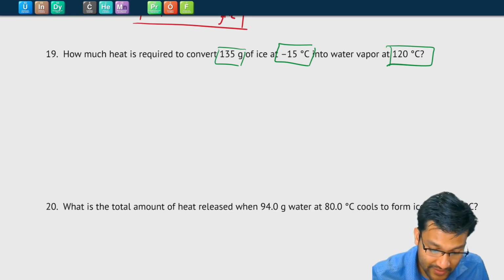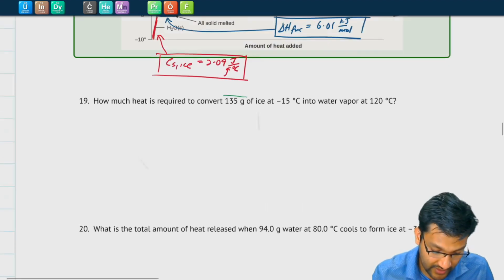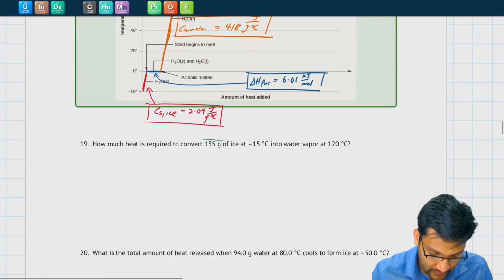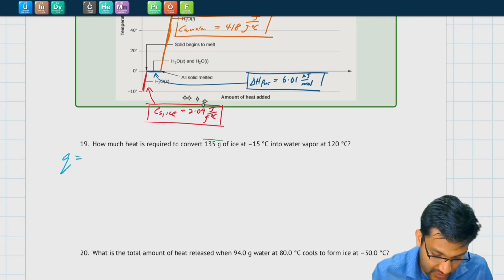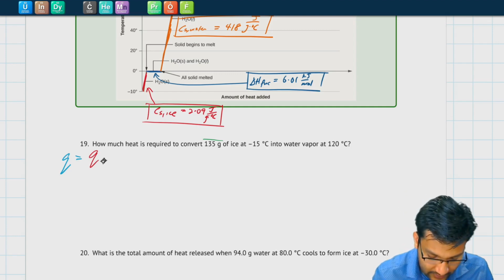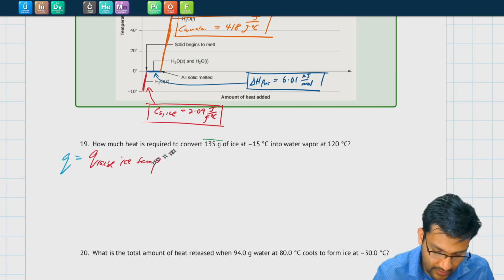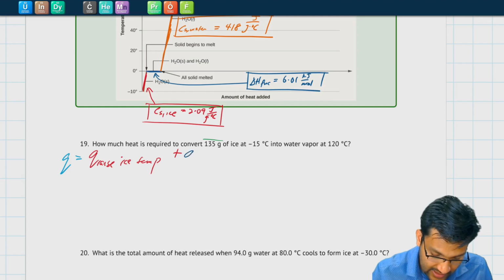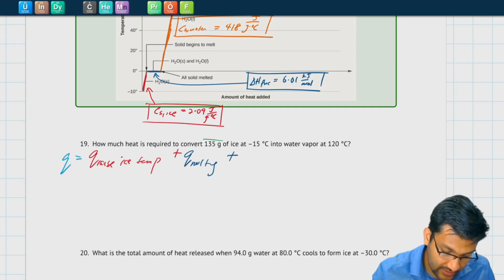So let's look at the various different processes involved here. So the overall heat will be equal to, first we need to raise the temperature of ice. So we use red for that one. So we'll call it Q raise ice temp. Then we need to melt the ice. We use blue for that one, so it's the heat from melting. Then we need to raise the temperature of water.